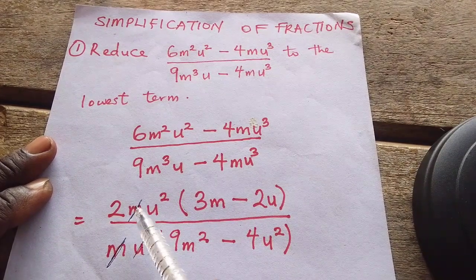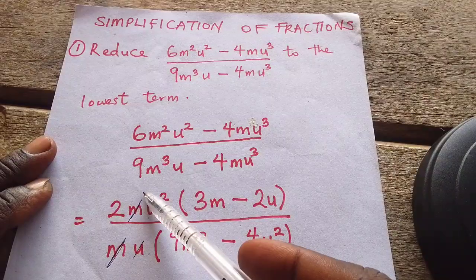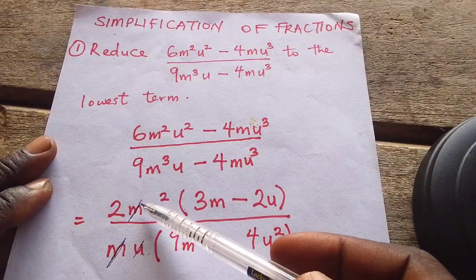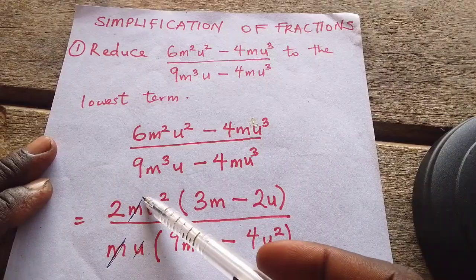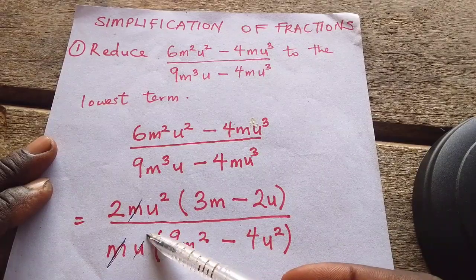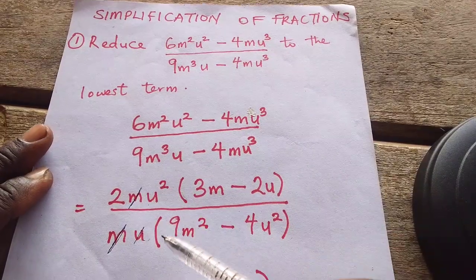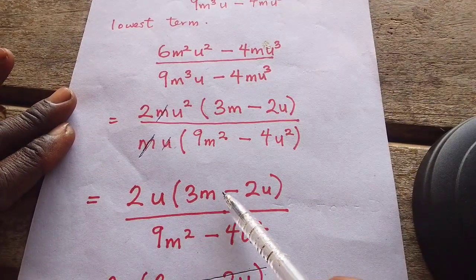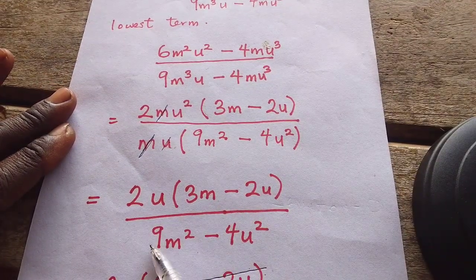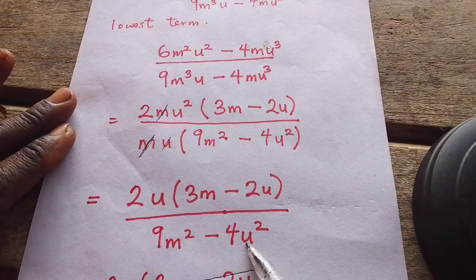So now you look for what can divide each other. You see what here is multiplying this one, so everything is dividing. This can easily cancel this. This will cancel this, remaining 1u here. So that means you now let your 2u into bracket, 3m minus 2u over 9m square minus 4u square.